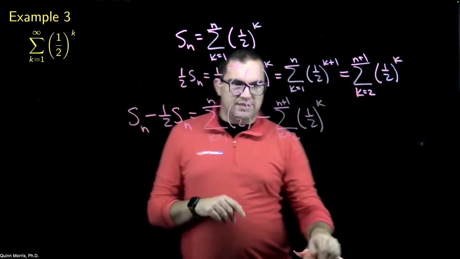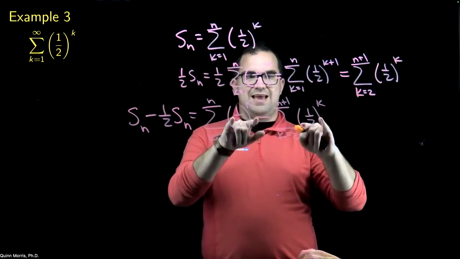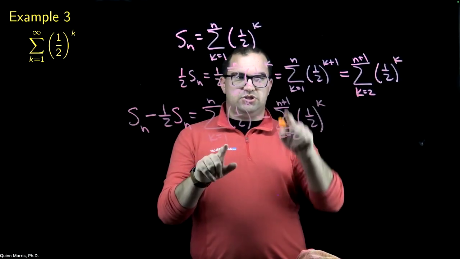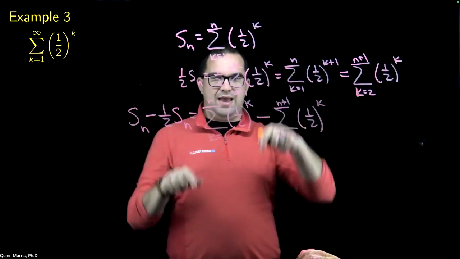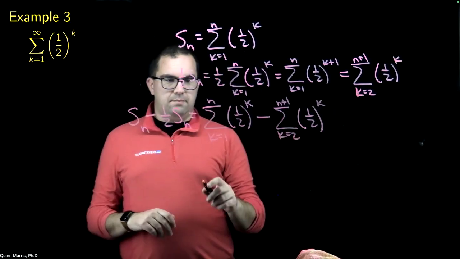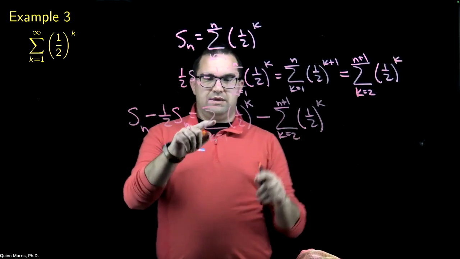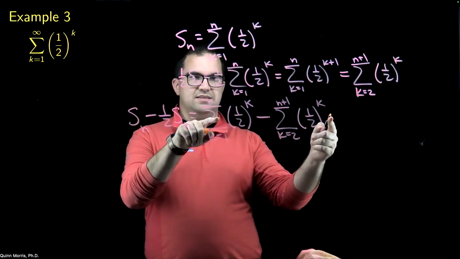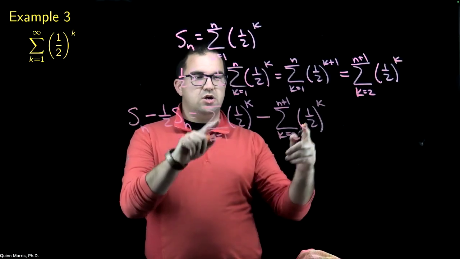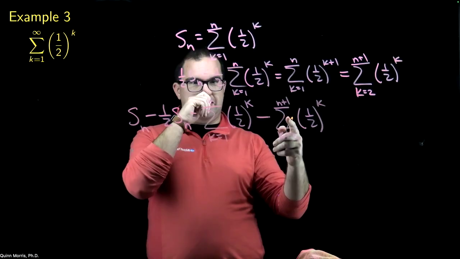The reason I wanted to do this is, notice that the terms are the same here. It's just what values of the index we have in each one. When k is equal to 3 here, I'm going to get the same term as when k is equal to 3 here. So a lot of these terms are going to cancel out.